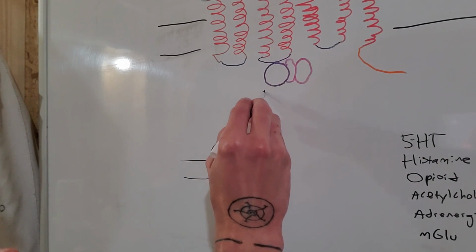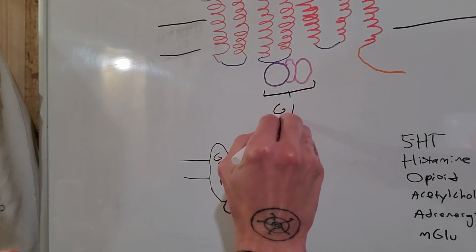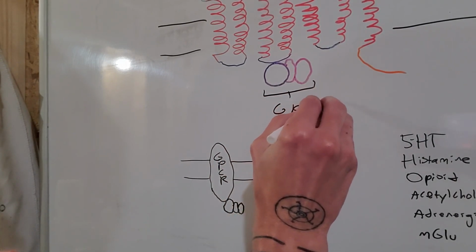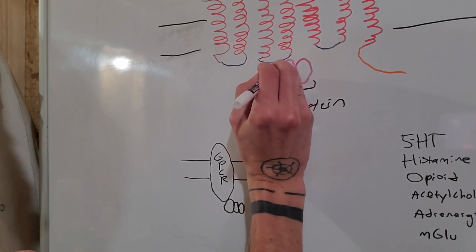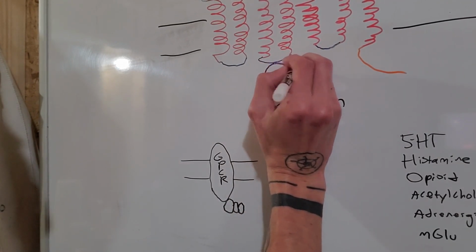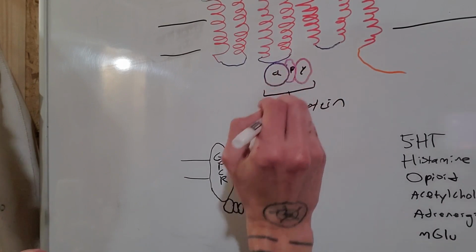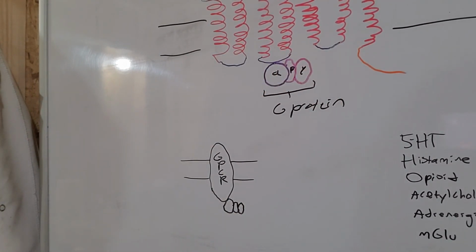Over here, this is the G protein, which contains an alpha, beta, and gamma subunit, which is why it's called heterotrimeric. Trimeric refers to the fact it has 3 subunits, and the hetero means that they're all different in terms of composition of molecular structure.